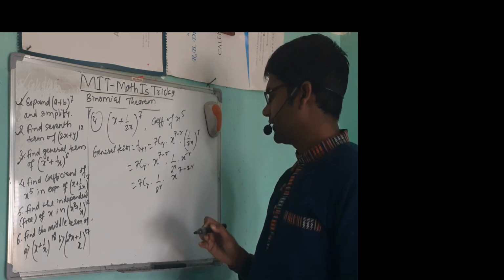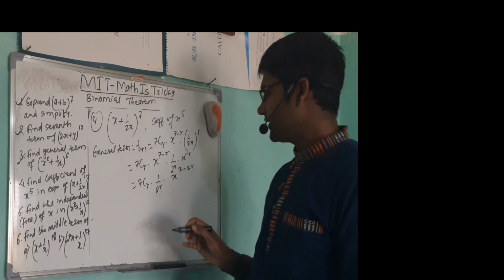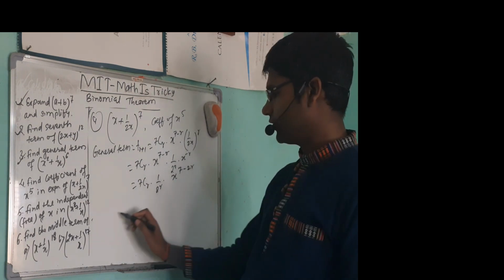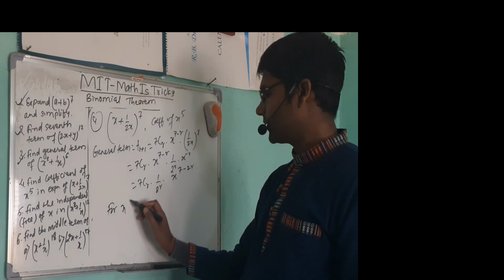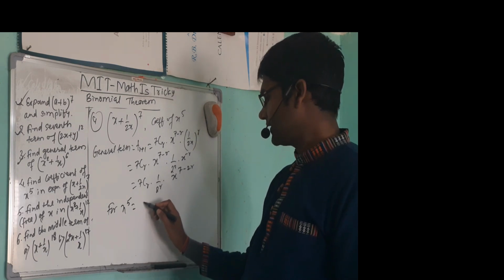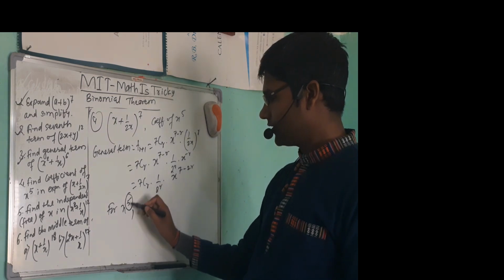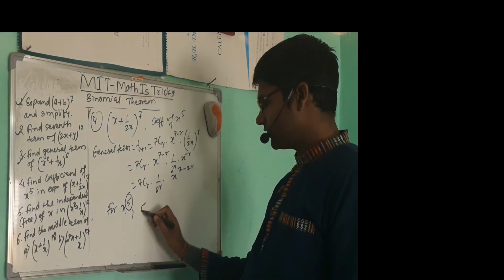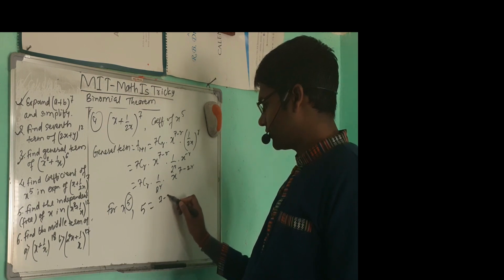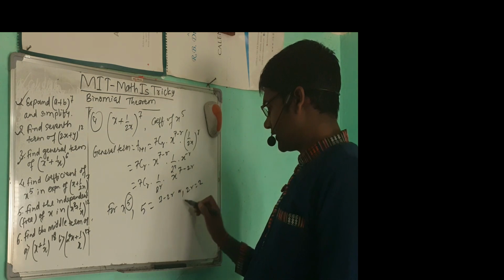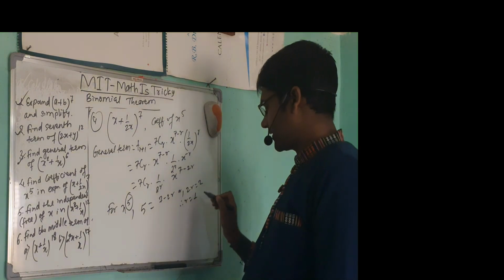Okay, so it means we have to find which term. For x^5, the exponent of x on both sides must be the same, so 5 equals 7 minus 2r. It gives 2r equals 2, therefore r equals 1.